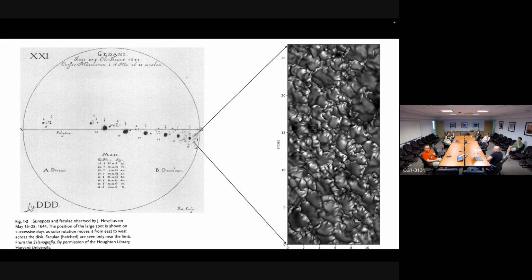Yes, there is one paper published by Bart De Pontieu, I think 2007, and they studied the dynamics of these striations, and they found some interesting things, like swaying motions and fast appearance and disappearance of these structures, but again, that was done with much lower resolution, and we now know that you need really high resolution to do this.